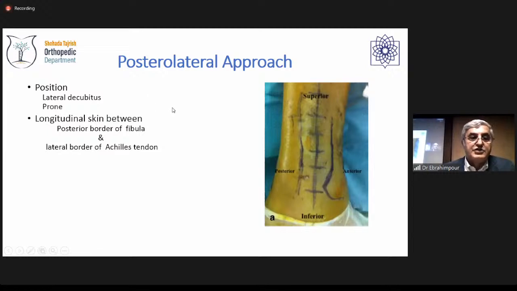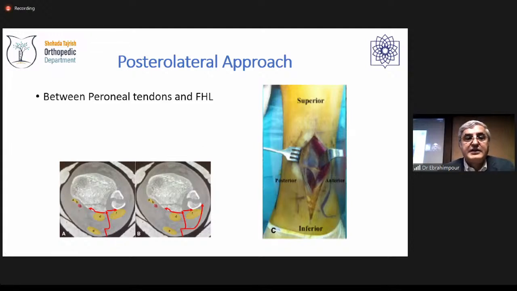The longitudinal skin incision is made between the anterior part of the Achilles tendon and the posterior part of the fibula. After protecting the sural nerve and going deeper, the ideal approach is between the peroneal tendons and FHL.